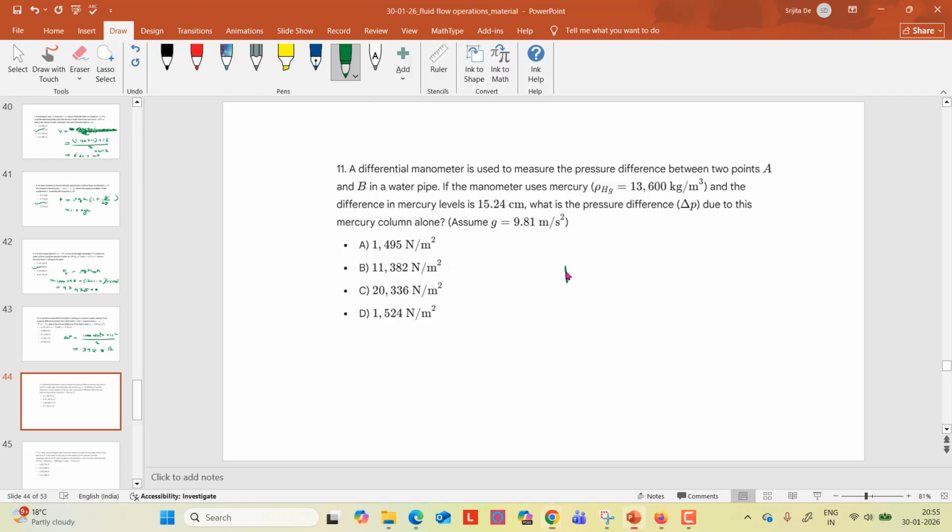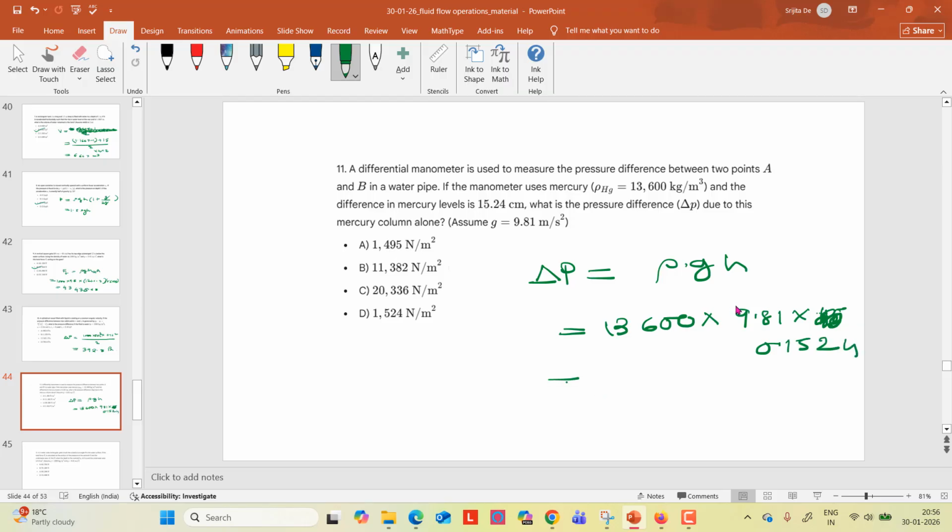So it is delta P equals rho of mercury g h. The mercury is 13,600, g is 9.81 and h is 15, not 15, 1.5, sorry, 0.1524 meter.